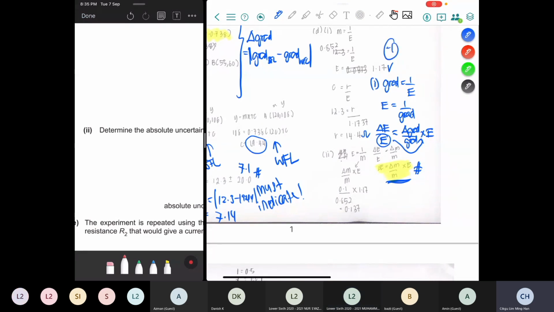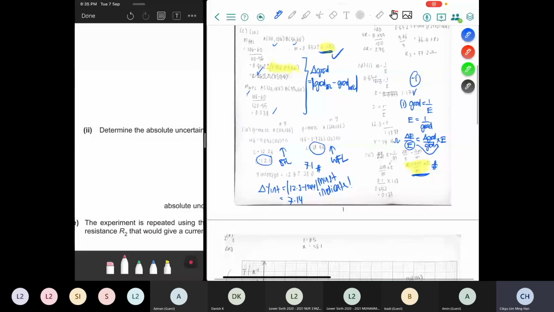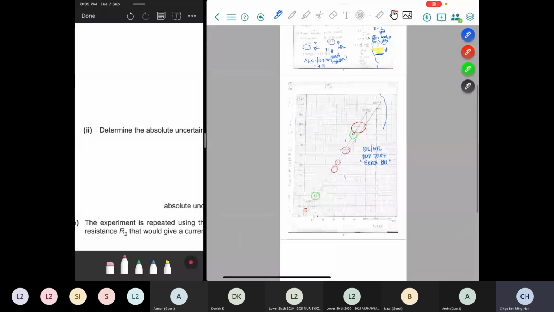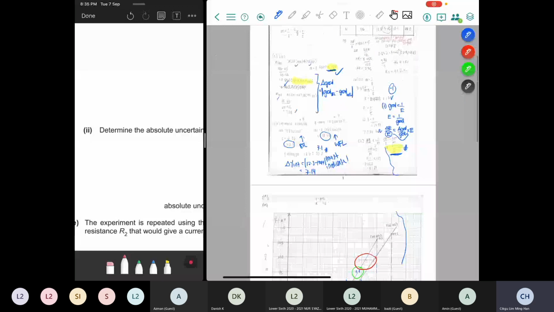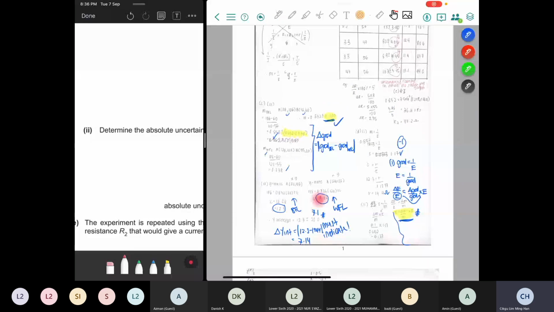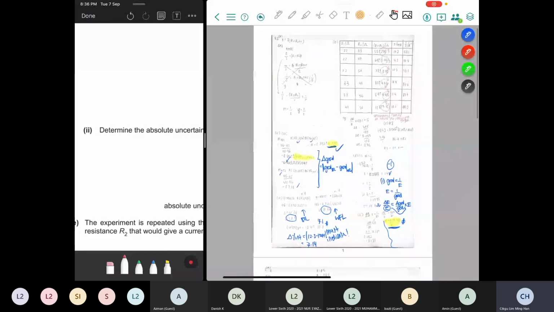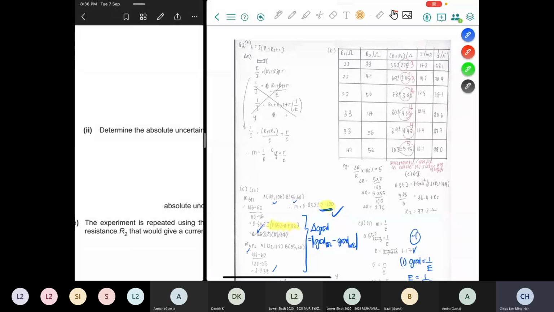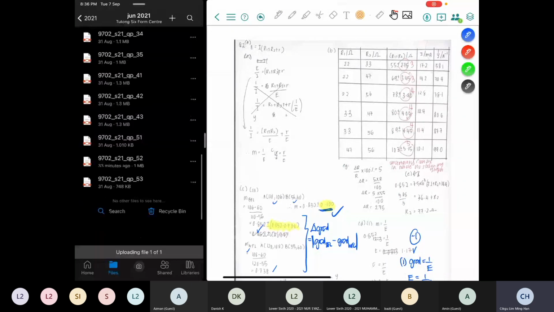Or deduct mark here. Alright, so overall, if I look at your paper, there's nothing much wrong here, except for this one got a -1, and then this one they might deduct mark for you. I just deduct here. This one no problem because if you look at the mark scheme just now, let me just double check the mark scheme here.